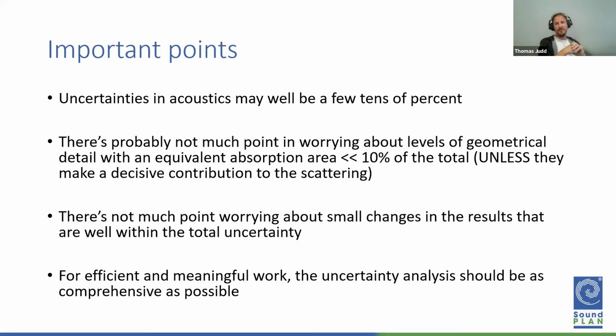The only exception being, as we've seen, if they make a significant contribution to the scattering. So again, I encourage everyone to do their uncertainty analyses and find out what change is significant and what is not. We can all save ourselves a fair amount of time and work more efficiently doing that.